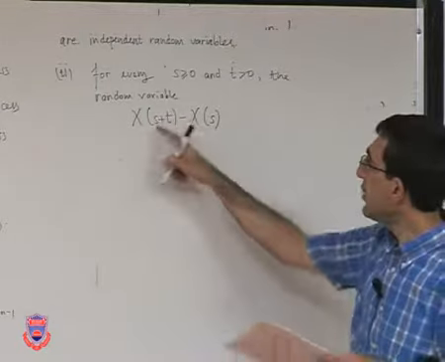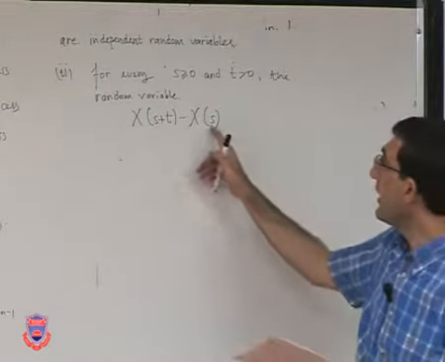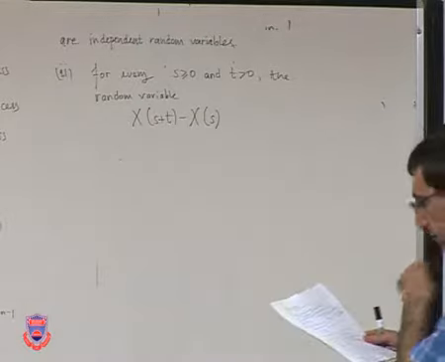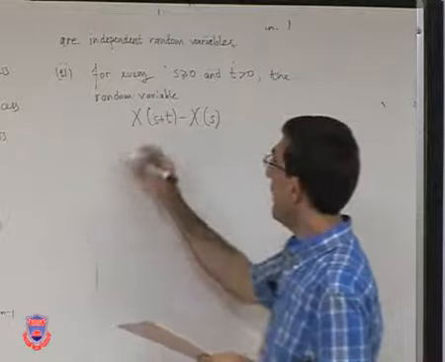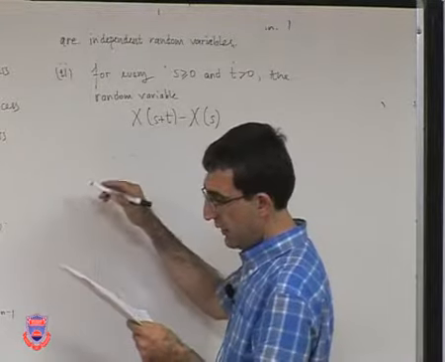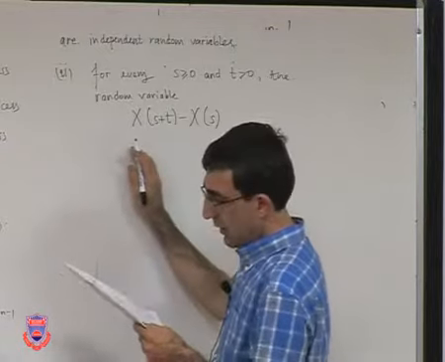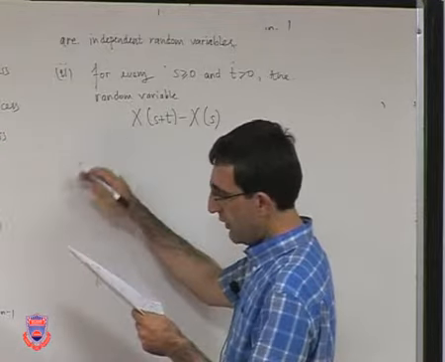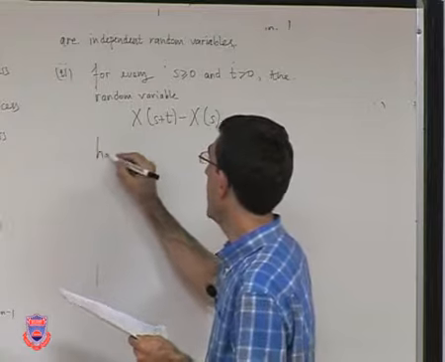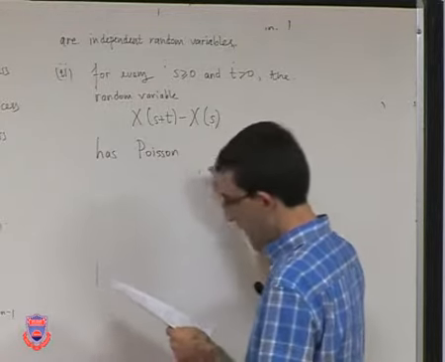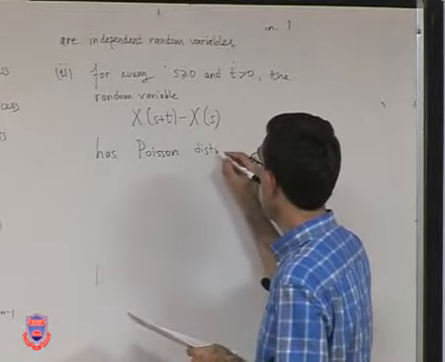Again, what is this? This is the change in the process from time s to time s plus t, in the next t units of time starting at time s. This is itself, of course, a random variable, and it has a distribution. We want this random variable to have a Poisson distribution.